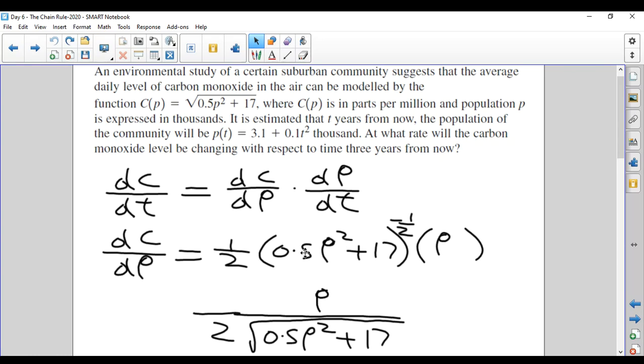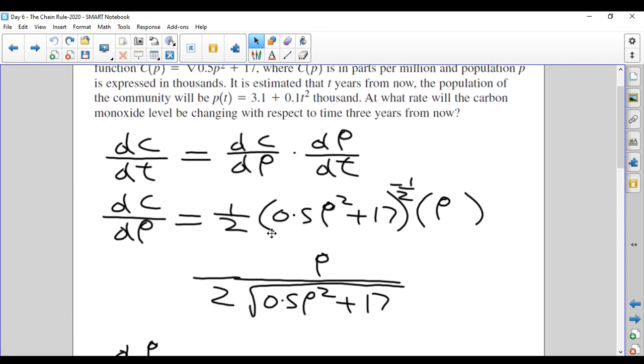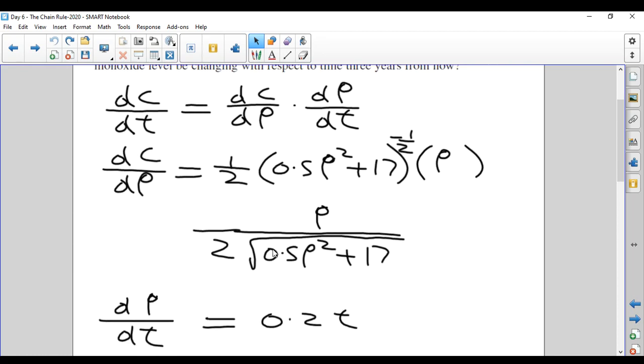So this is using that chain rule that we just talked about, right? That's the actual application of the chain rule right there. If we do a little bit more algebra, put this thing that has a negative exponent as a denominator, and leave that denominator of 2 there and the numerator of p on top. So this is a relationship between population and carbon emissions. That's what this derivative is meant to show.